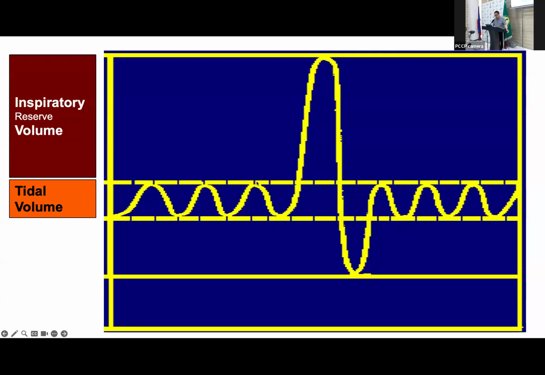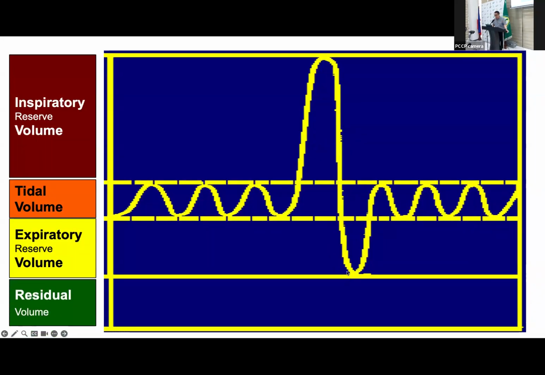If we inspire maximally from end inspiration, the additional amount of air that we can inspire is logically known as inspiratory reserve volume. From end expiration, if we expire maximally, the additional amount of air that we can expire is logically known as expiratory reserve volume.